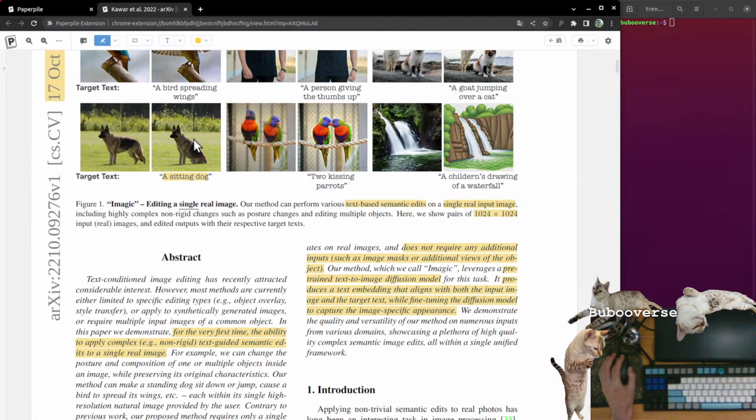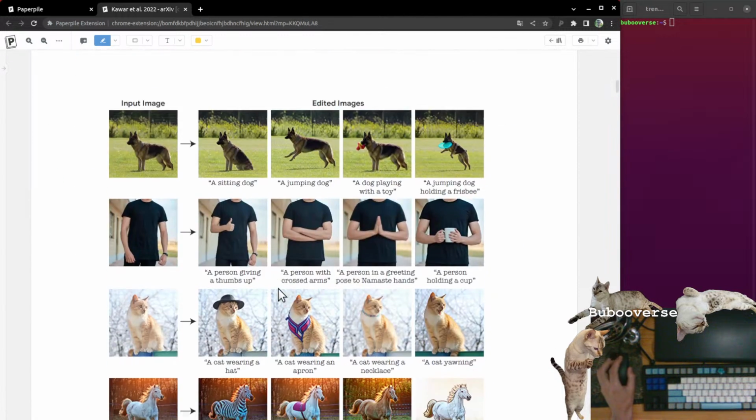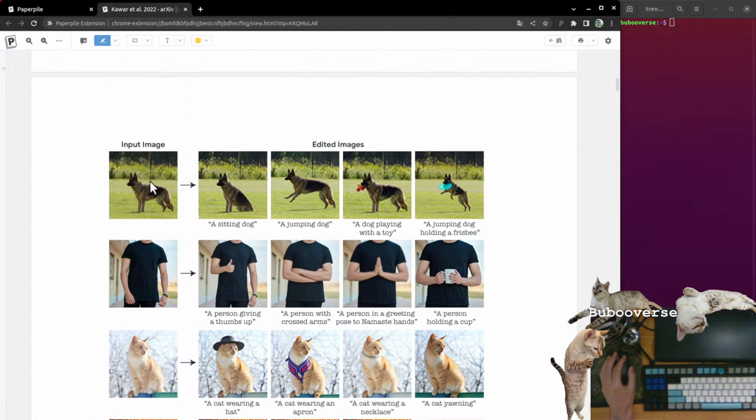The embedding that they're producing is taking both the input image and the text, producing an embedding which is then used to generate the final image. Okay, applying non-trivial semantic edits to real photos. This is just better, different variations of the original one.